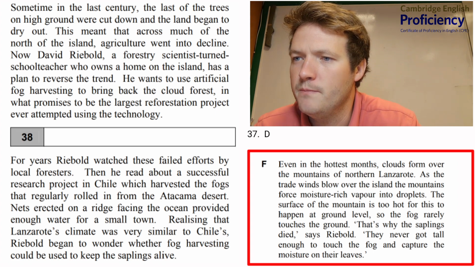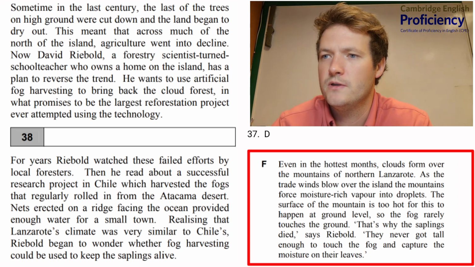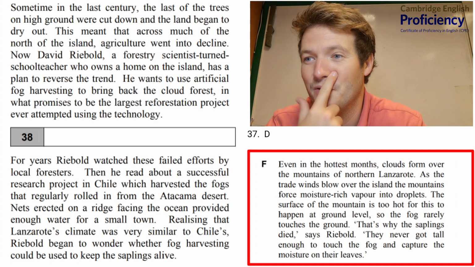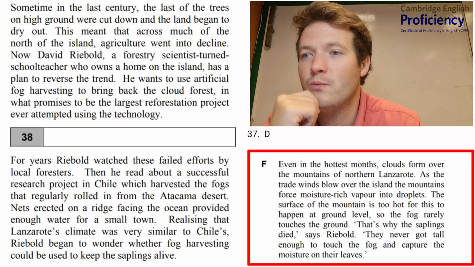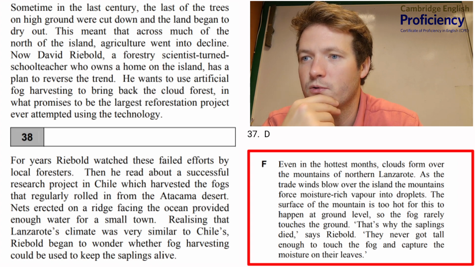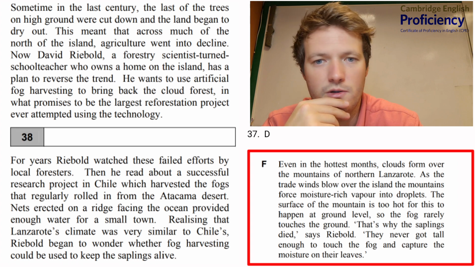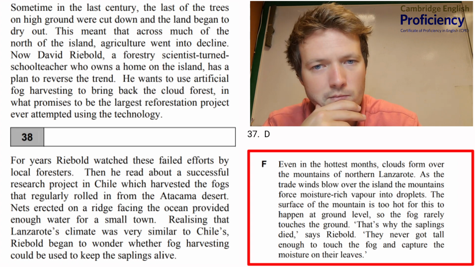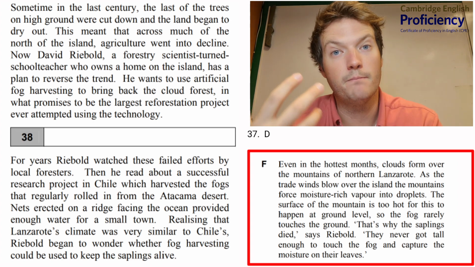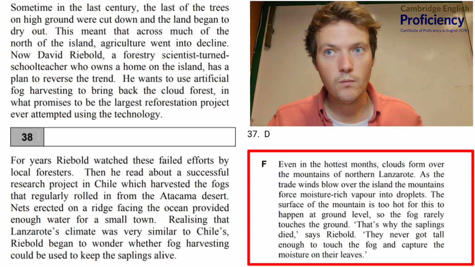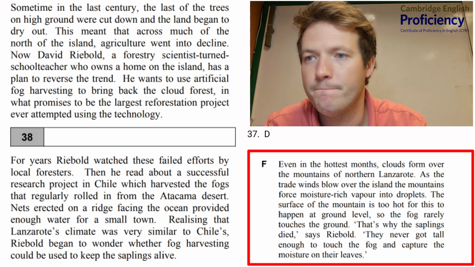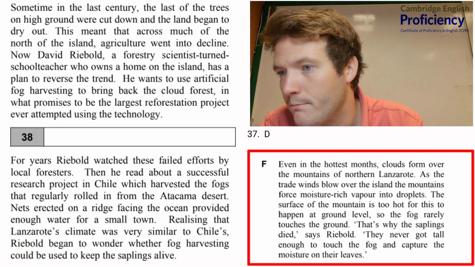Even in the hottest months, clouds form over the mountains of northern Lanzarote. As the trade winds blow over the island, the mountains force moisture-rich vapor into droplets. Okay, this could be them talking about how they would harvest the moisture-rich air, the fog, possibly.